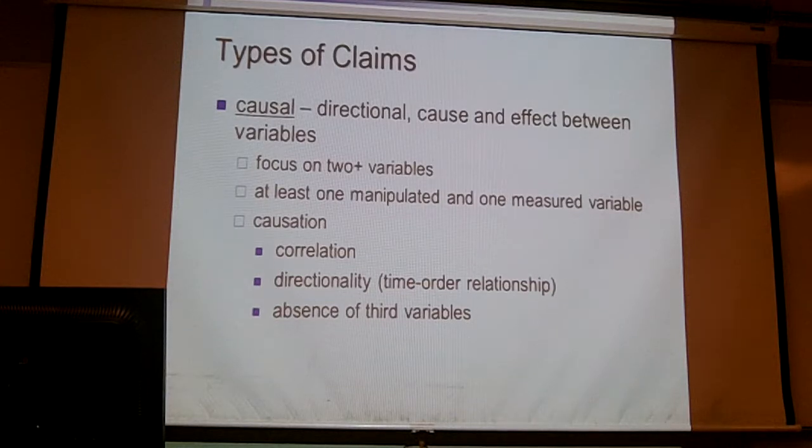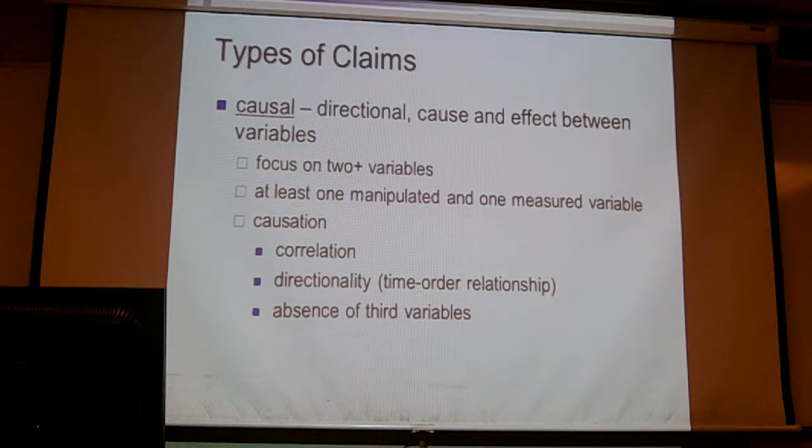So you create the change in the independent variable, and then you have the subjects in the different conditions perform the behavior, and you observe what happens with the dependent variable. So changes in the independent variable always precede any differences in the dependent variable. Okay, that's the time-order relationship.